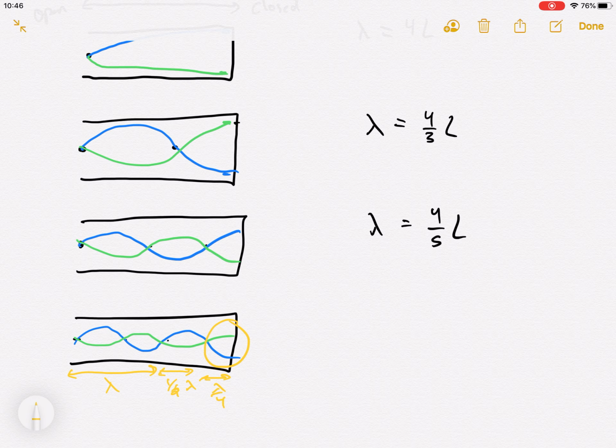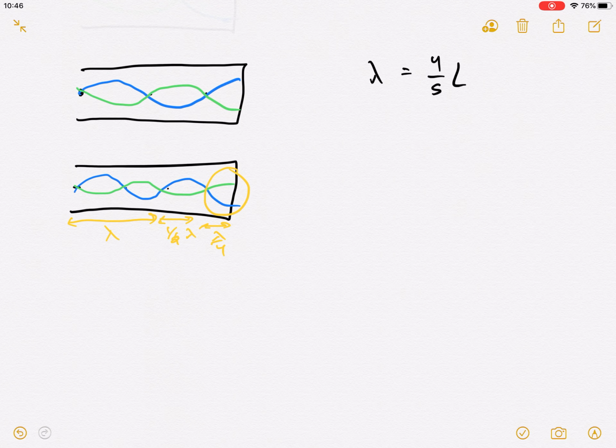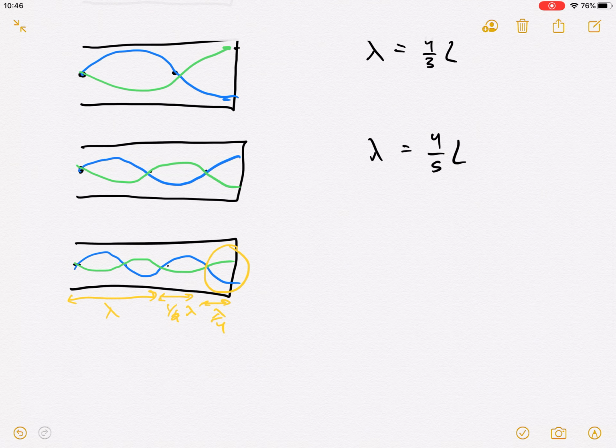So what does that work out to be? Half is 2/4, and 1 whole one is 4/4, so it's 4, 5, 6, 7. 7/4. Right? You can count them, right? Here. 1, 2, 3, 4, 5, 6, 7/4 of a wave in that.